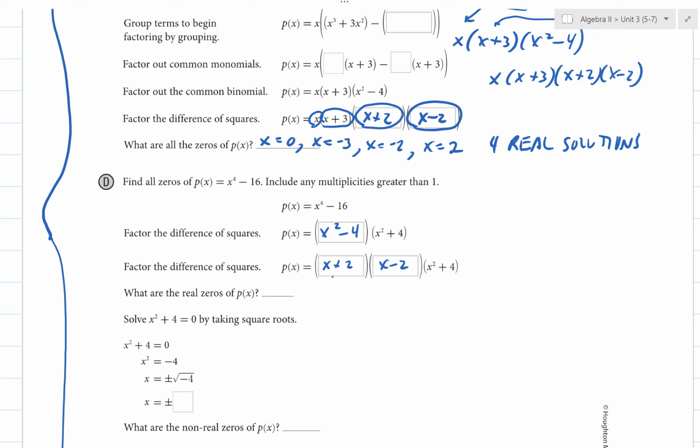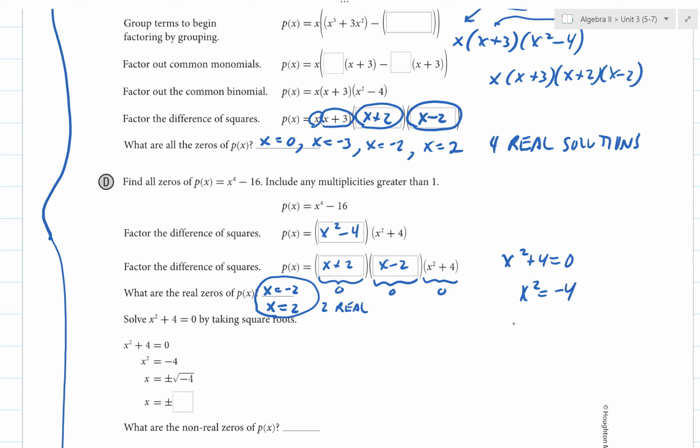We have 3 factors. This one gives me a real solution when I set it equal to 0. What would that real solution be? x equals negative 2. And this one? x equals 2. So that gives me 2 real solutions, or zeros. Now when we set this equal to 0, that's x squared plus 4 equals 0, so x squared equals negative 4.